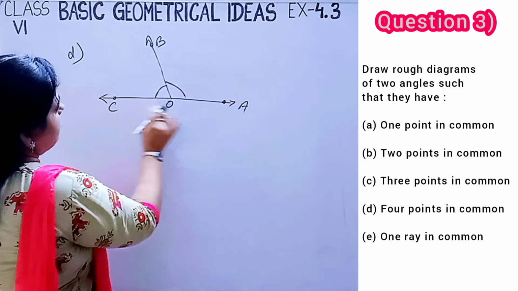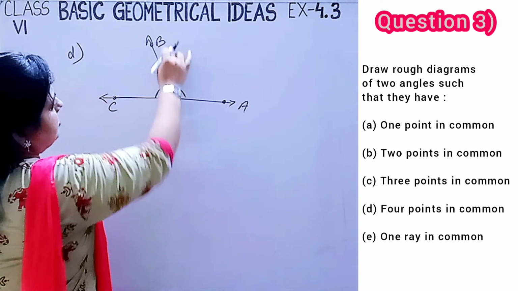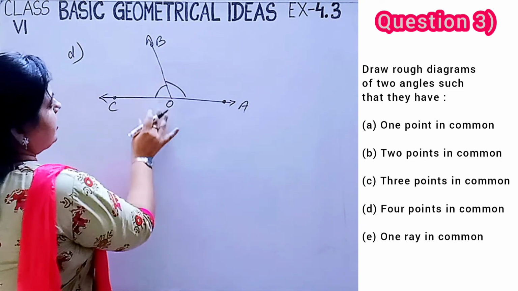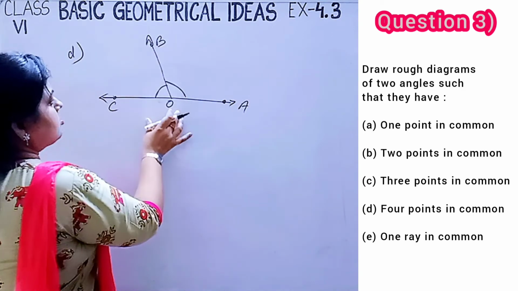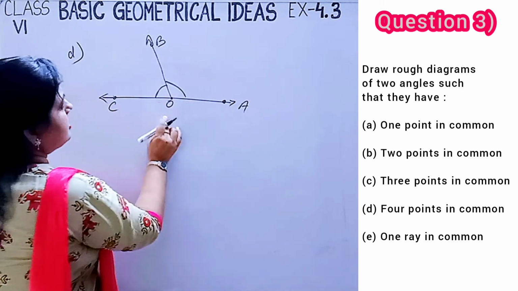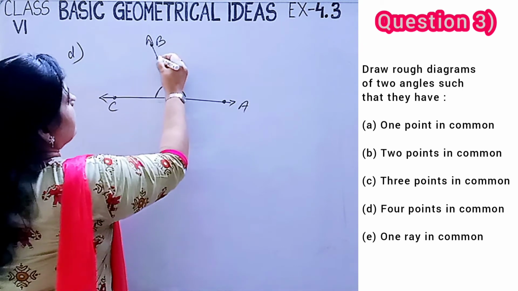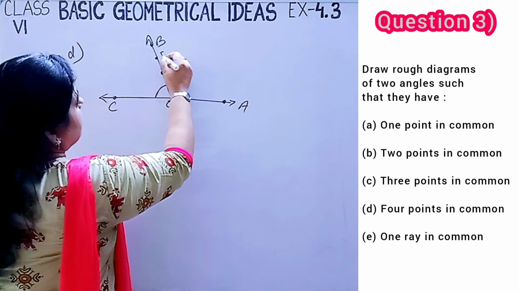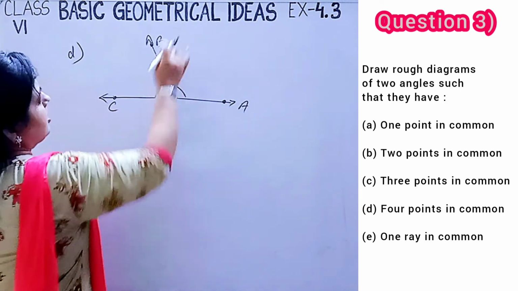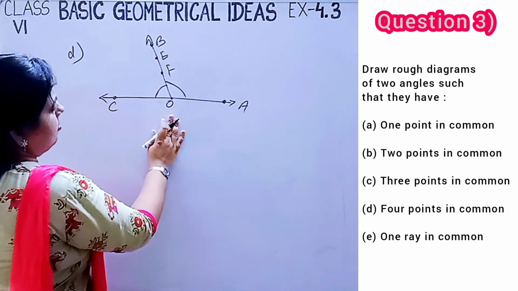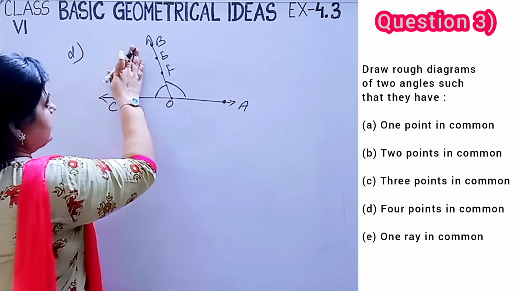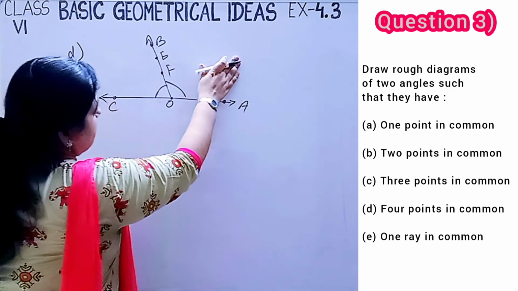Now COB and BOA are two angles. Now we have to write down 4 points in common. The first point is O, the second point is B. Now we have to write down 2 more points, so I am writing here E and F. It means B, E, F, O are common points in this angle and this angle also.